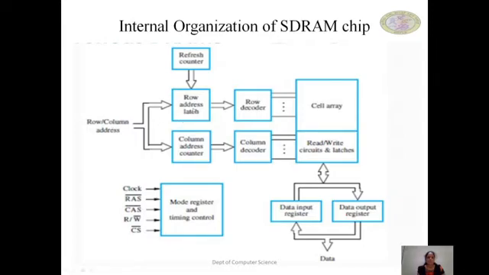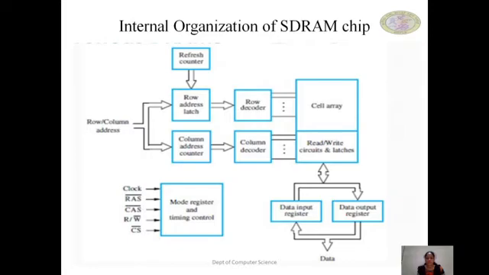Here the row address latch is connected to the row decoder, which is used to select a particular cell in the cell array. Then we have a column address counter instead of a column address latch, which is connected to a column decoder, which is used to count the next column for faster access.